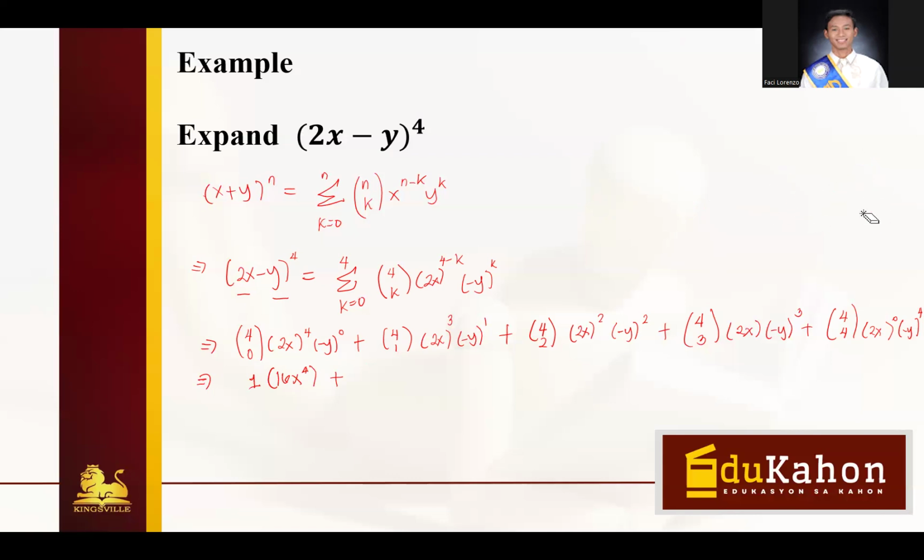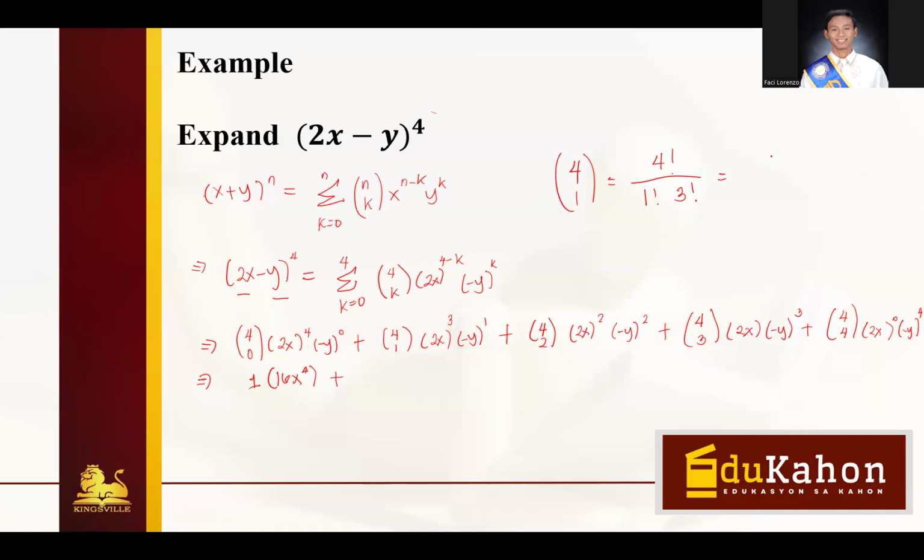Okay, let me just erase this one. So we have 4 factorial, or 4 taken 1. Okay, for 4 taken 1, so this is 4 taken 1. This is 4 factorial divided by 1 factorial times 4 minus 1 factorial, that's already 3 factorial, right?